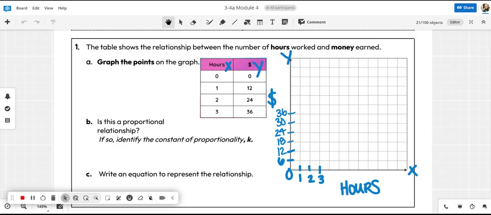Now I'm going to plot my points. I have 0, 0, right there at the origin. Then 1, 12: right 1, up to 12. Then 2, 24: right 2, up to 24. And 3, 36: right 3, up to 36.